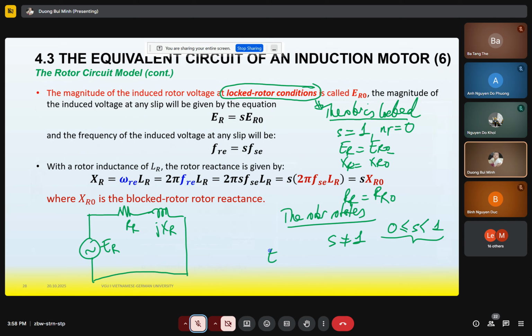So now we have ER is S times ER0, and XR equal to S times XR0, and RR is RR, because it is resistance, independent of S.